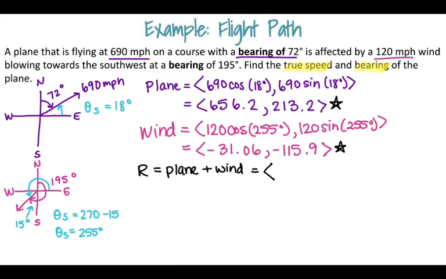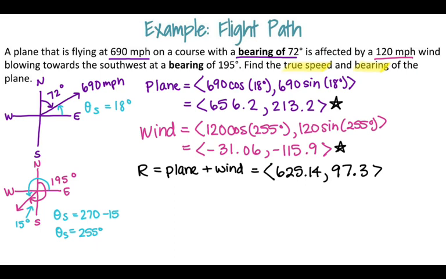So 656.2 plus negative 31.06 is 625.14, and then I can take 213.2 plus negative 115.9, and that gives me 97.3.